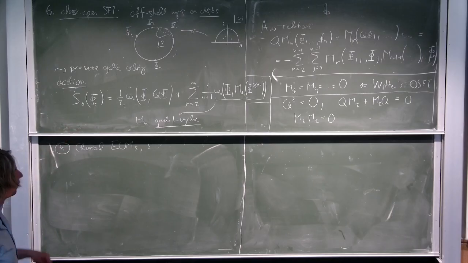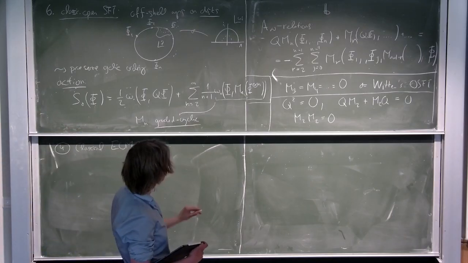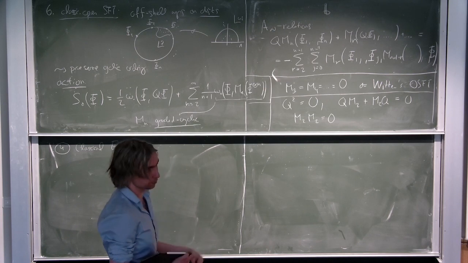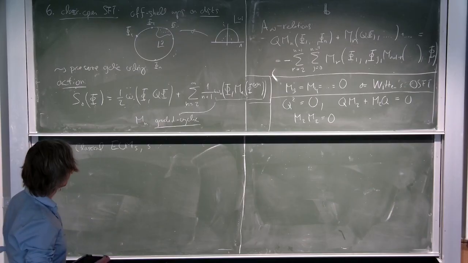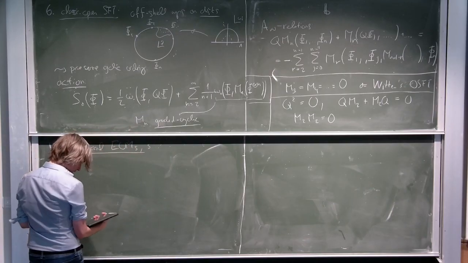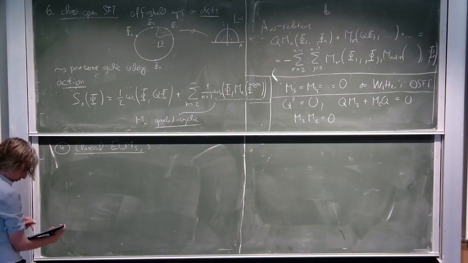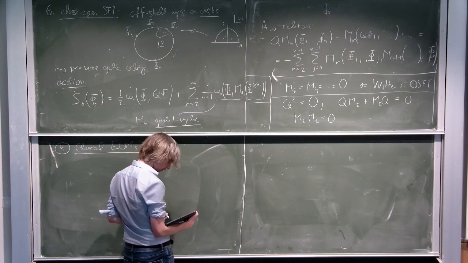The string background for the given SFT was fixed at the beginning. Different choices of A infinity products should correspond to field redefinitions, not to going to different backgrounds. What implements looking for different backgrounds starting from a given background are the classical solutions.